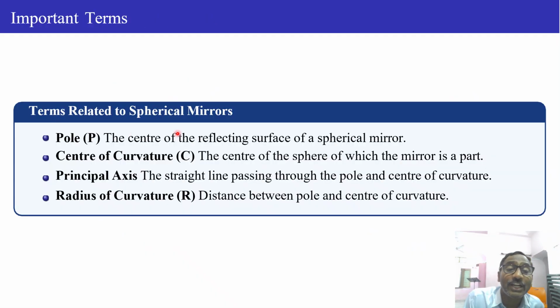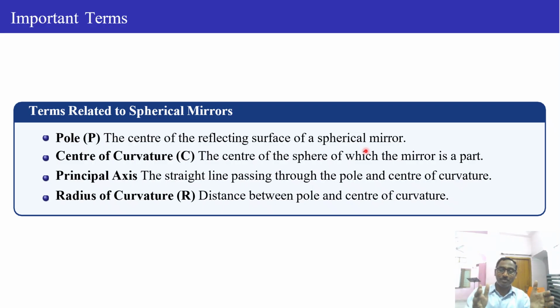So, terms related to spherical mirrors. Pole, we represent it by capital letter P. It is the center of the reflecting surface of a spherical mirror. Spherical means it is round, like a circle.